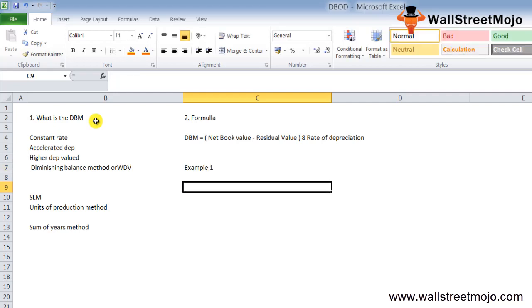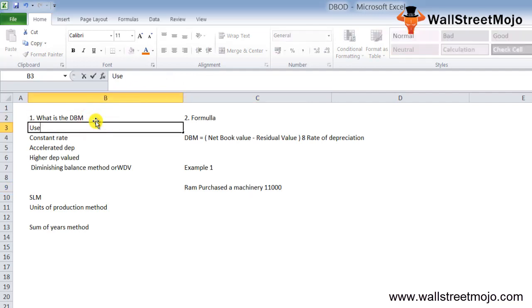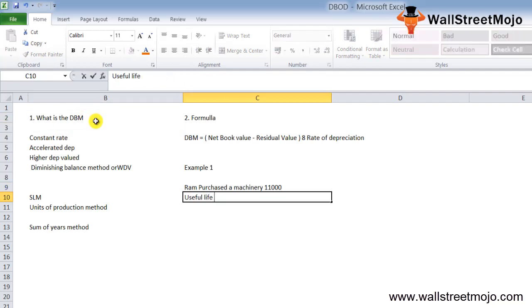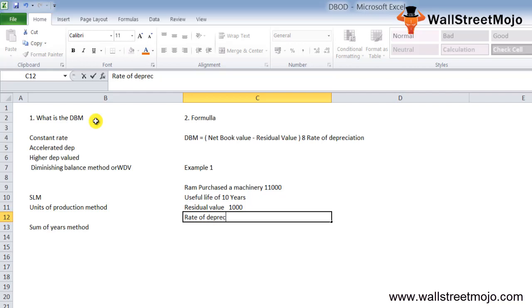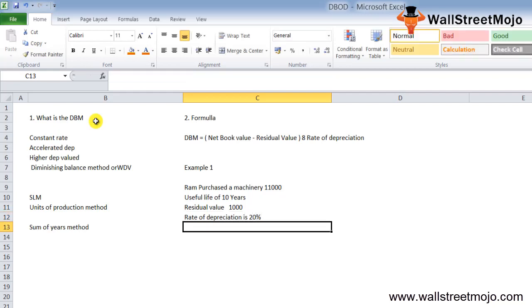Example number 1. Now, let's say Ram purchased a machinery which is costing $11,000, with a useful life of, let's say, 10 years, and a residual value of $1,000. The rate of depreciation is, let's say, 20%, and the depreciation as per the DBM can be computed something like this.